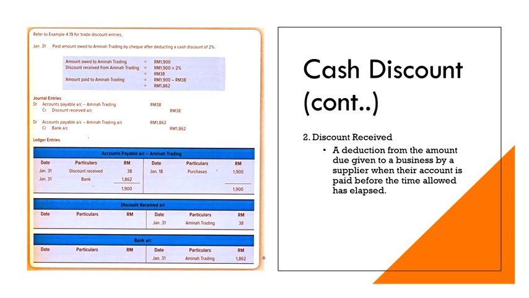Discount allowed means allowed, giving. Who gives? We do. We are a company now. So discount allowed, the company gives to the customer. So the effect is on sales. When a customer buys, you get sales. So when you give discount allowed, it reduces sales. Whereas discount receipt is discount received. So you receive the discount from whom? From your supplier. When you receive it from your supplier, it will reduce your purchases. When you buy any goods from your supplier, it increases your purchase expenses.